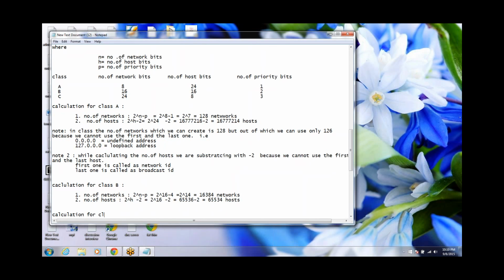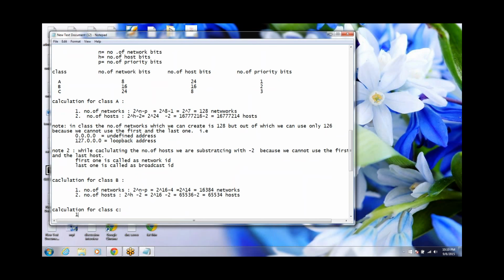Calculation for class C. When you go for the calculation for class C here, you can see it here. The number of networks, blindly insert the values in the formulas here. 2 to the power of n minus p, that is 2 to the power of 24 minus 3, that is 2 to the power of 21.